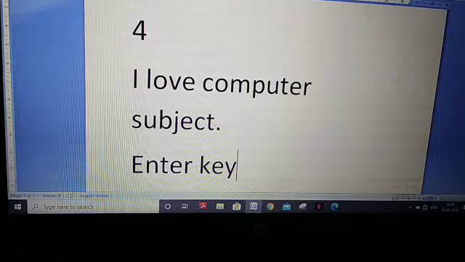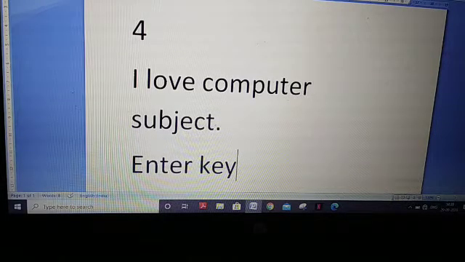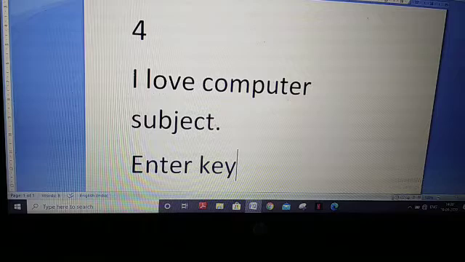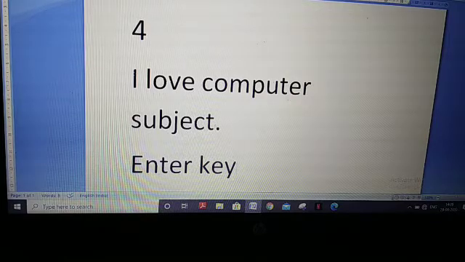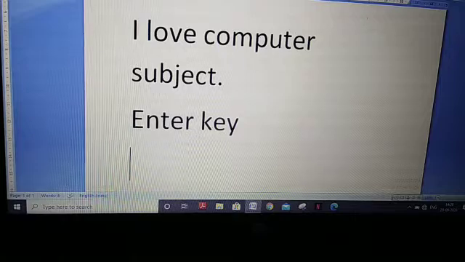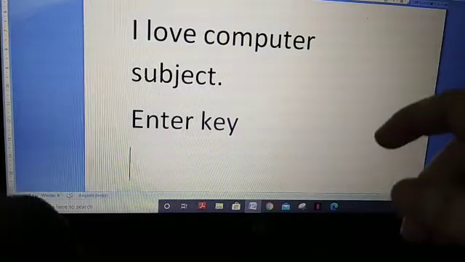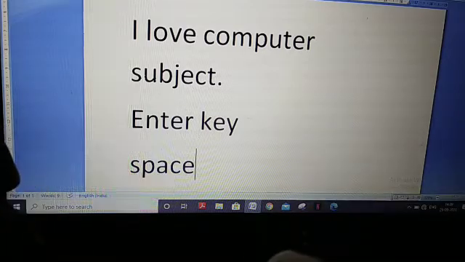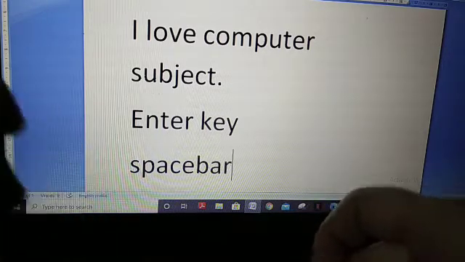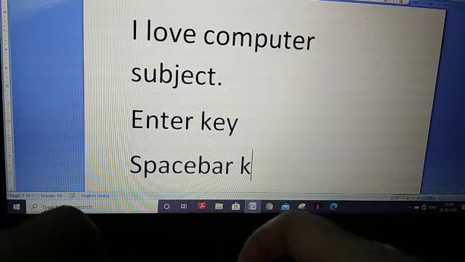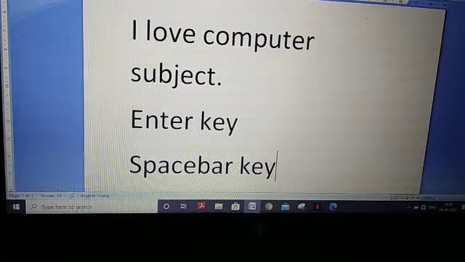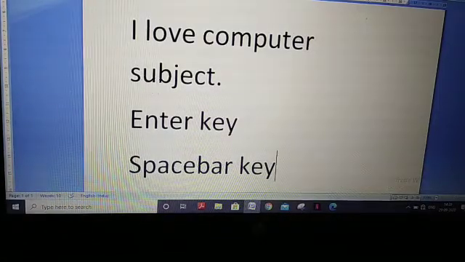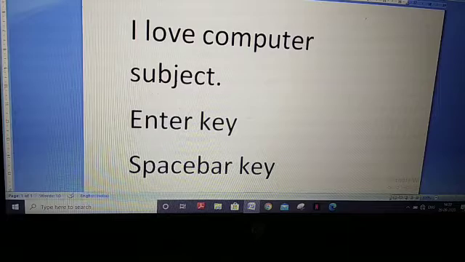Now in the next line I want to write space bar key. So which key will I press to go to the next line? Enter key. Yes. See? Space bar. Understood?